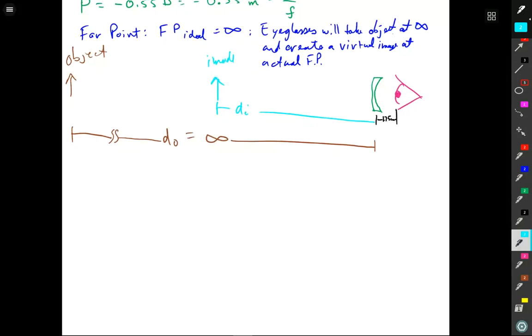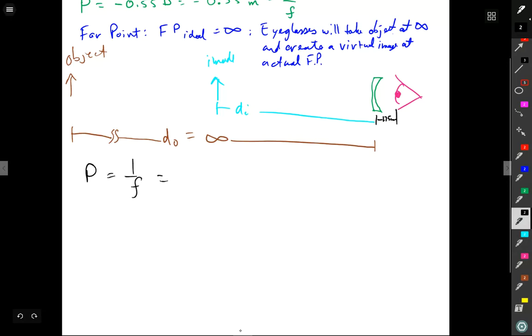So now we just take our thin lens equation that says power is equal to 1 over f. It's equal to 1 over distance object plus 1 over distance image. And I solve it for distance image.